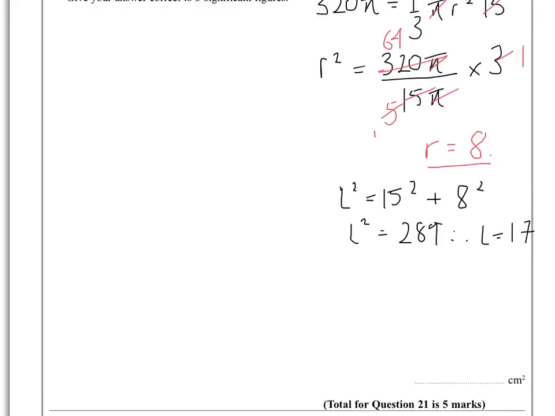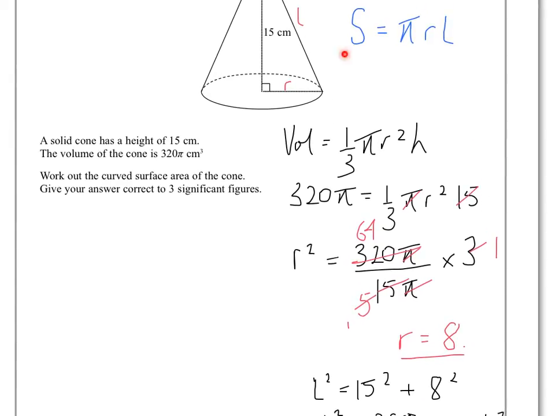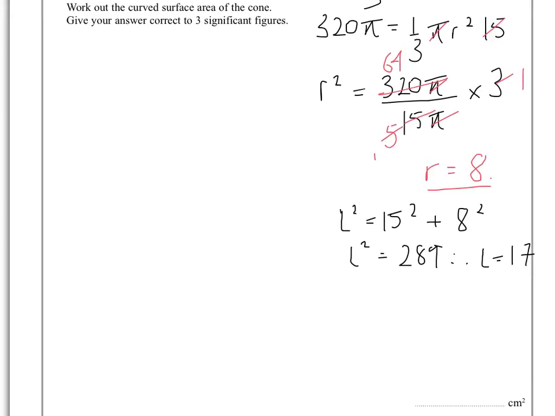So now we've got all of the parts of that original equation that we needed up here. So now we can say the curved surface area S equals pi times r, which we know is 8, times by L, which we know is 17.